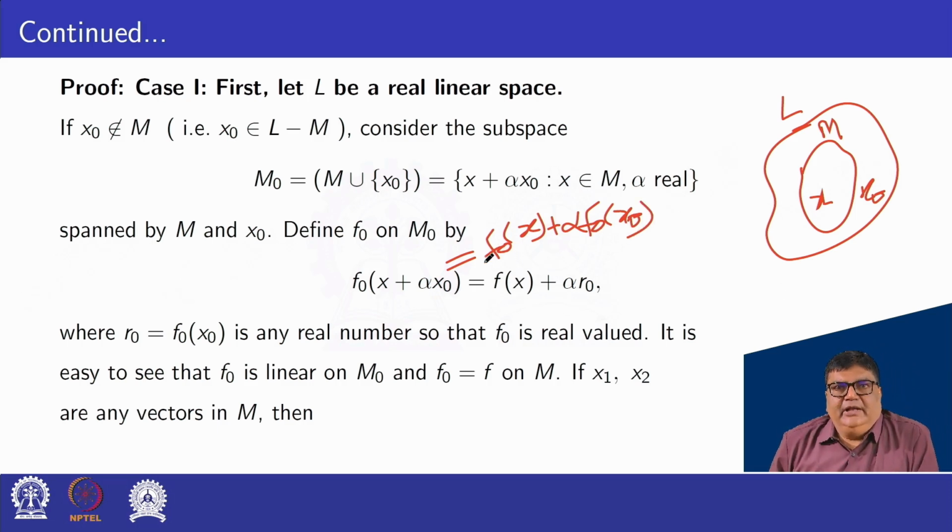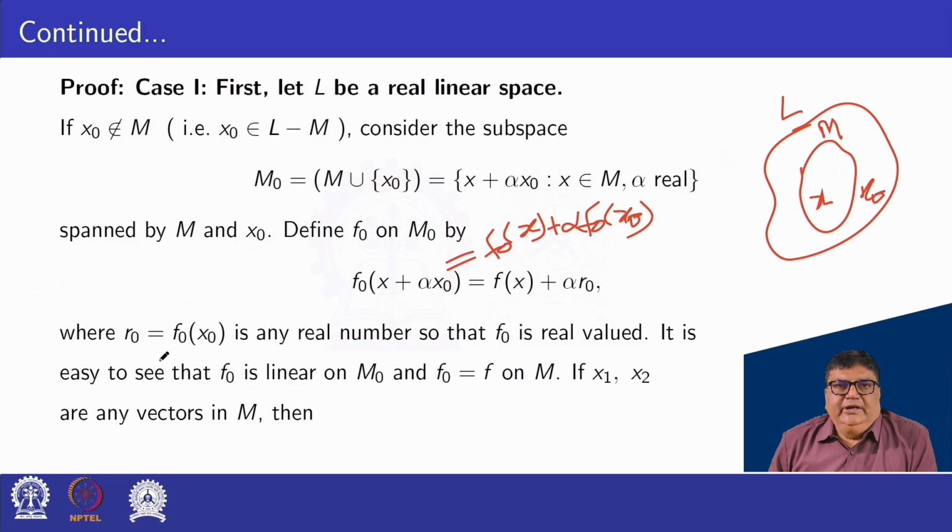Here x belongs to M, so f0x is fx, and alpha r0, where r0 equal to f0 x0 is any real number, so that f0 is real valued.